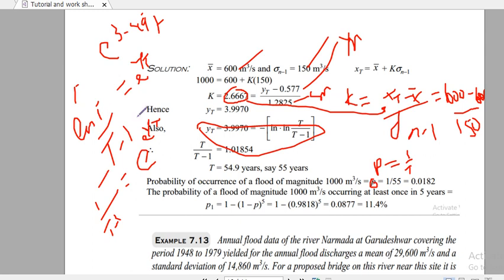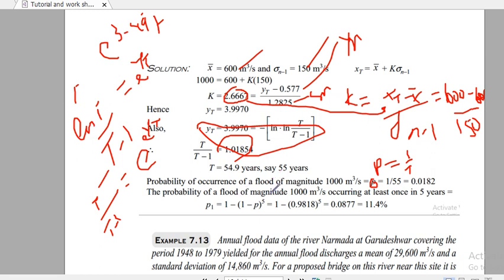So this is the equation, it is t. It is the formula. By using this formula, t over t minus 1 is equal to this value. Then calculate the t value. It is equal to 54.9 years, about 55 years.